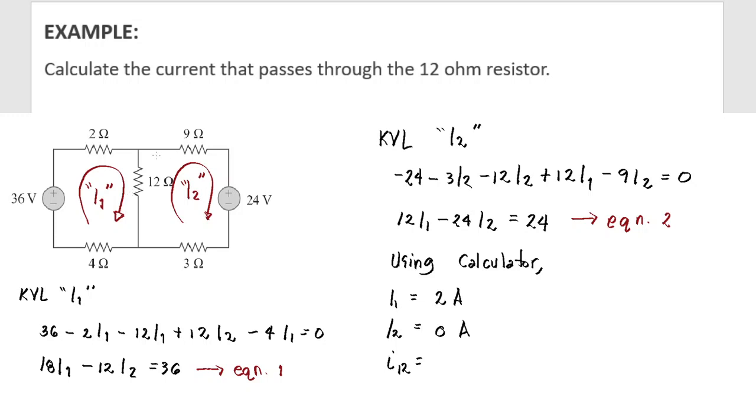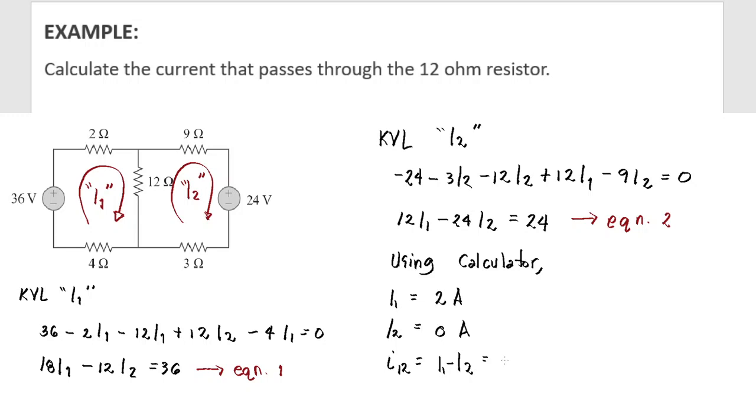But if they are of the same direction, let's say you don't want to follow my direction for the loop currents, and it ends up that your I1 and I2 with respect to the 12 ohms are the same, then the current that passes through your 12 ohm is I1 plus I2. But for my assumption, I12 is I1 minus I2.